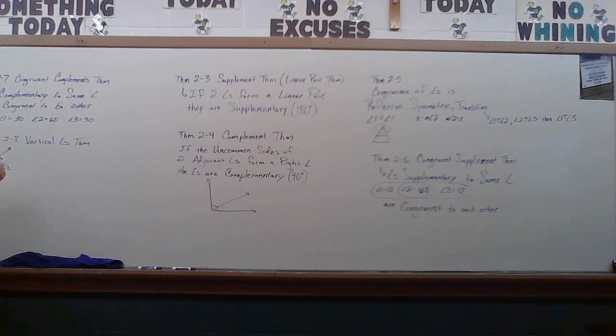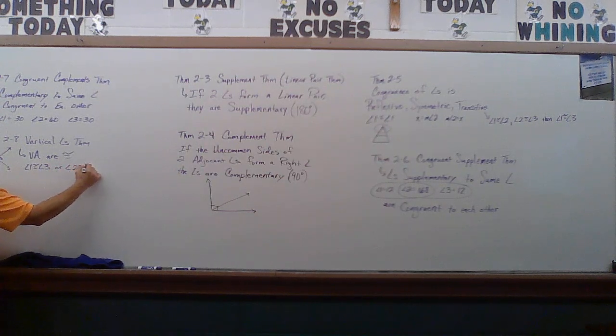They're congruent. So, vertical angles theorem simply says, I'm going to get lazy, vertical angles are congruent. That's all the theorem says. So we would say angle 1 is congruent to angle 3, or angle 2 is congruent to angle 4.